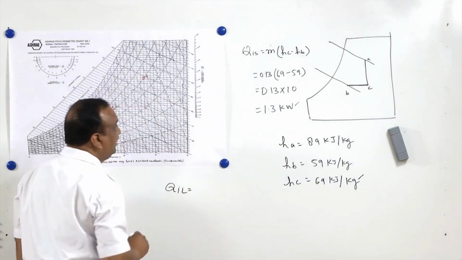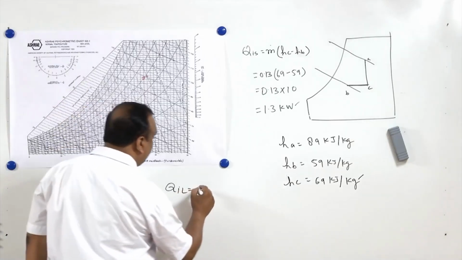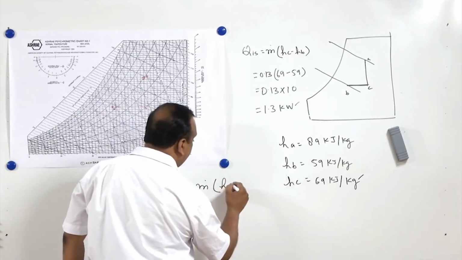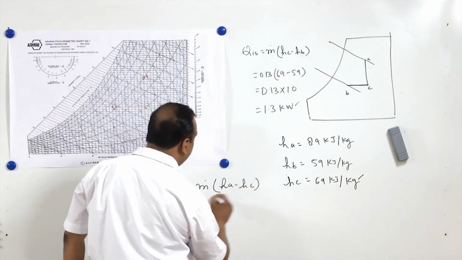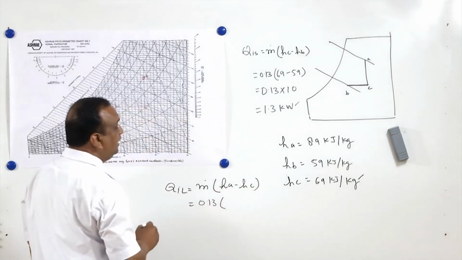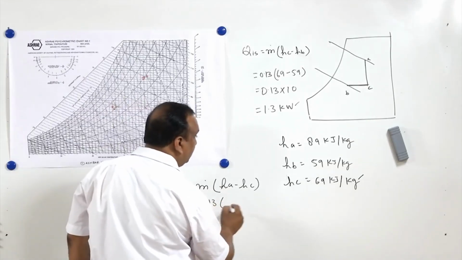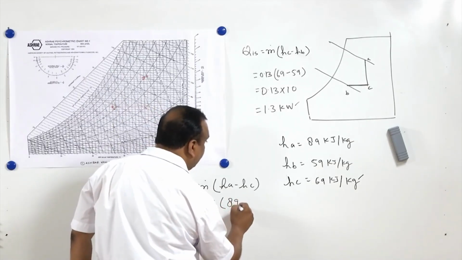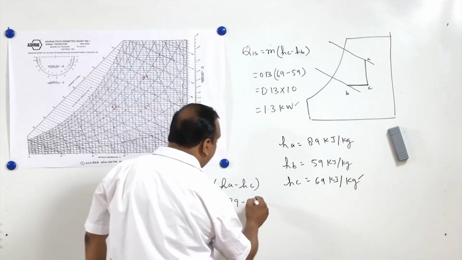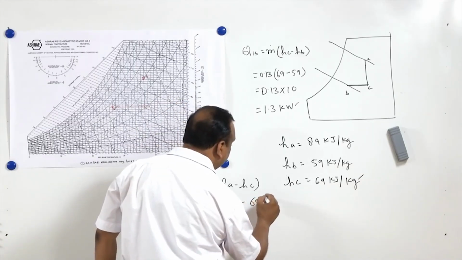Now regarding latent heat also we can do the calculations. QIL, latent heat, is mass flow rate multiplied by HA minus HC. Mass flow rate is again 0.13 kg per second, HA is 89 kilojoules per kg, and HC is 69 kilojoules per kg.